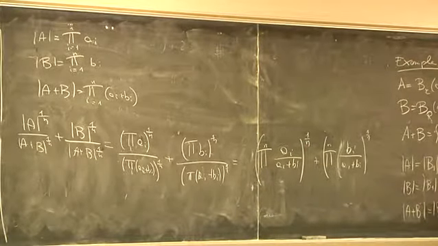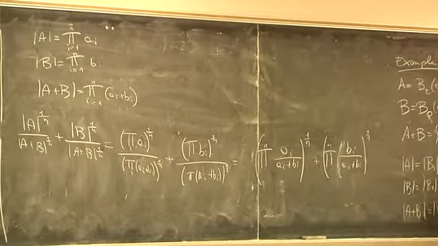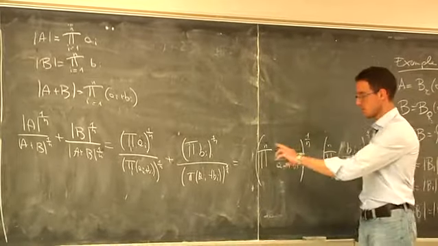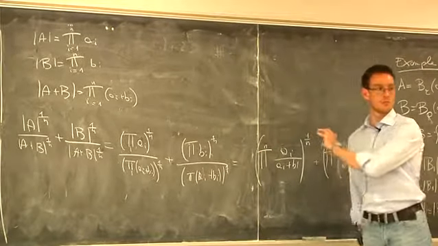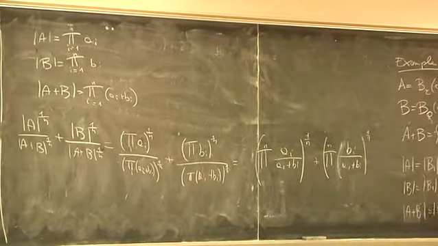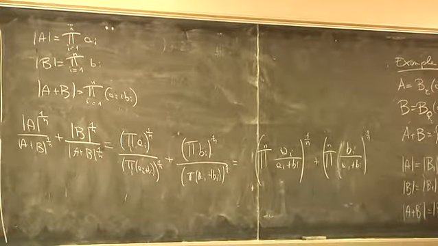Now I hope you remember that this is a product of non-negative numbers to the power 1 over n, which is called the geometric mean. And the geometric mean is always less or equal than the arithmetic mean.